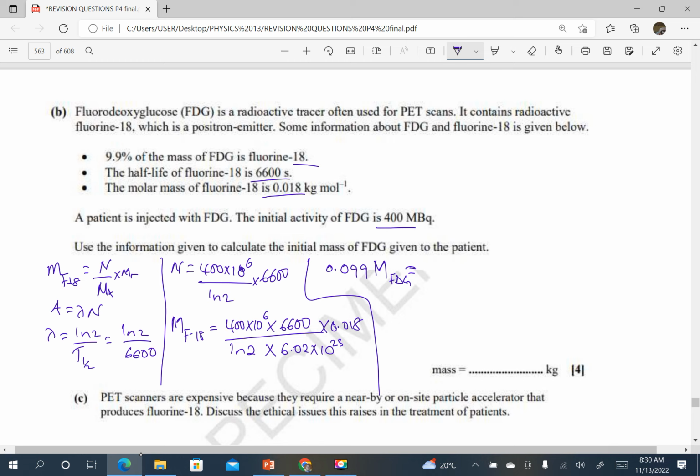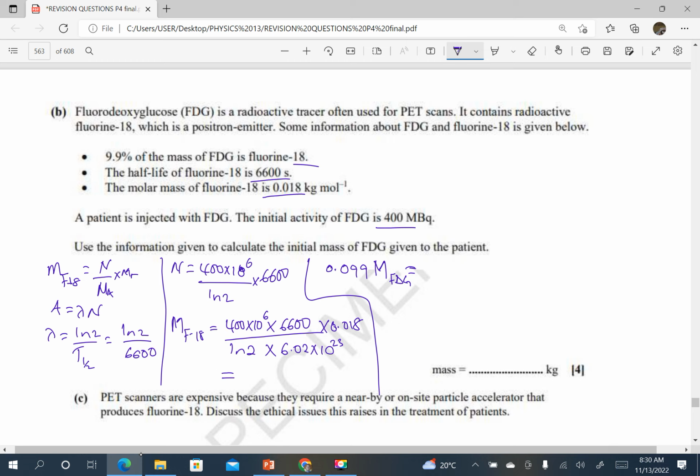Let me just press the calculator to get this value: 400 times 10 power 6 times 6600 times 0.018 divided by ln of 2 divided by 6.02 times 10 power 23.